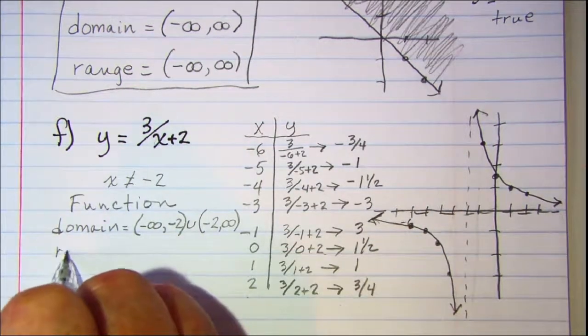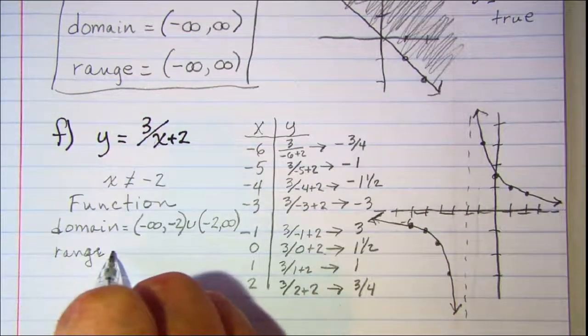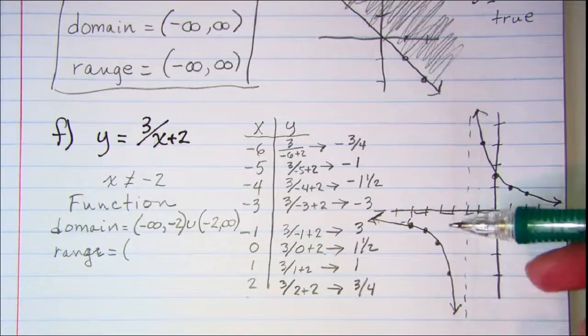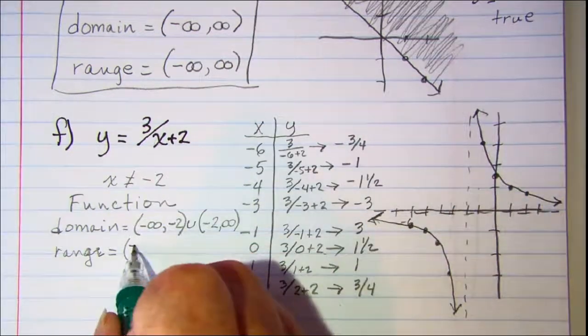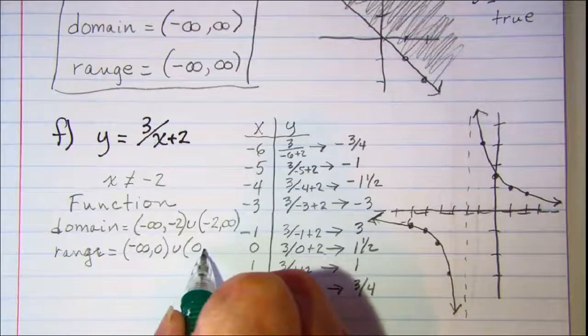Our range is all real numbers except for y equals 0. So negative infinity to 0, union 0 to infinity.